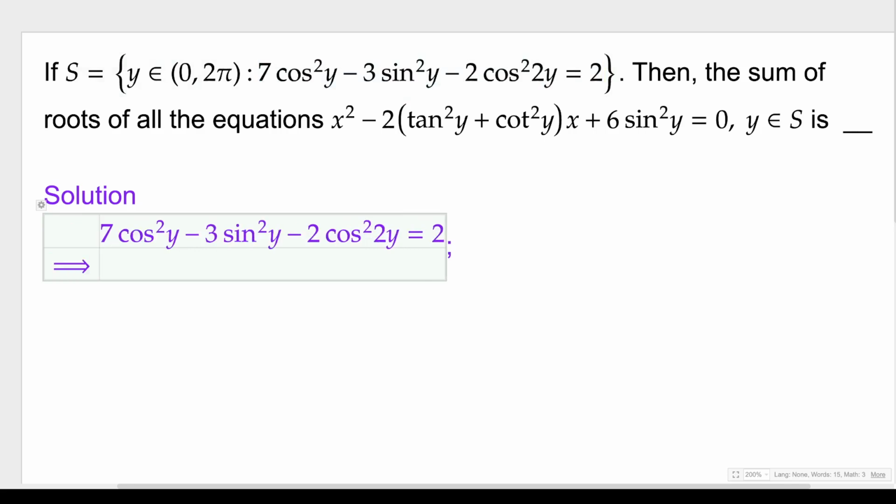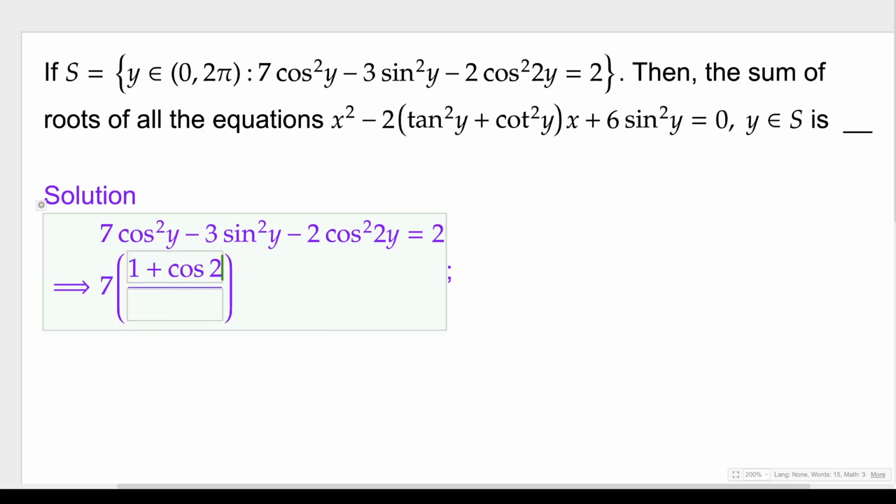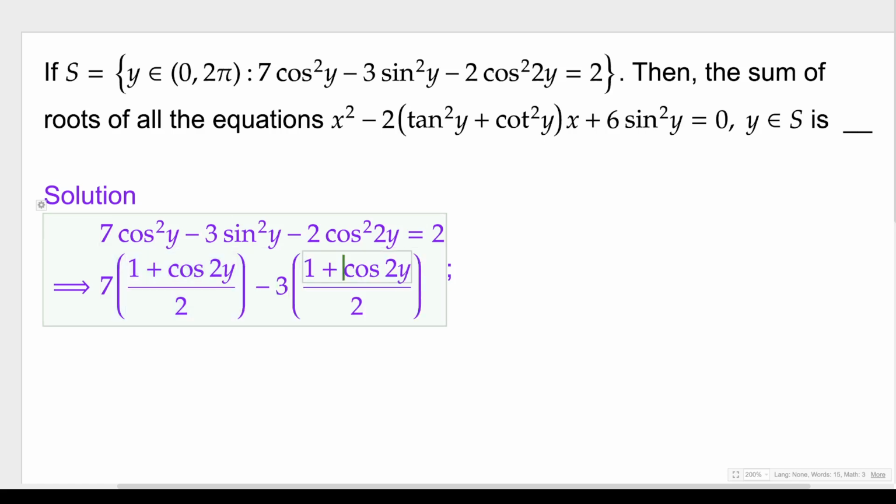Now we know the identity, that is cos y square can be written as 1 plus cos 2y over 2, minus 3 times sin y square can be written as 1 minus cos 2y over 2, and then the remaining term can be written as it is, right?